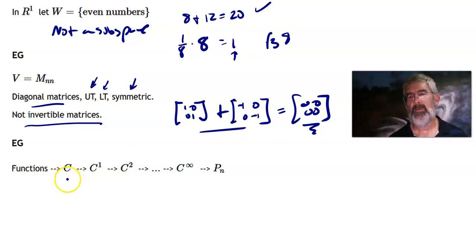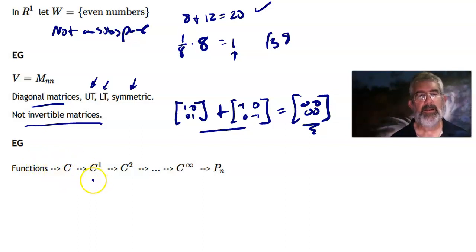Certainly not all functions are continuous, because you've got your step function and you've got your tangent, which has vertical asymptotes and things like that. But some functions are continuous. And it turns out that if you add 2 continuous functions, the result is a continuous function. And if you multiply a continuous function by a constant, you get a continuous function. And so this is a subspace of the space of all functions.